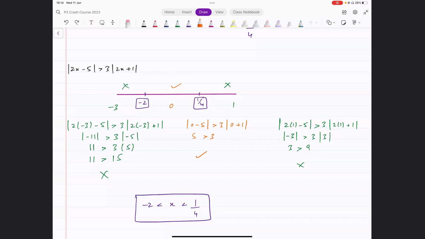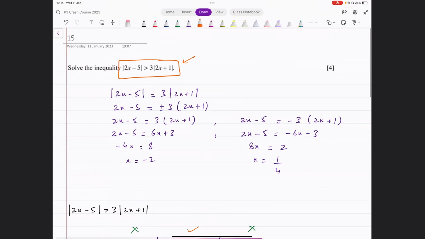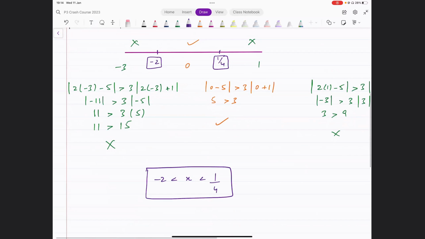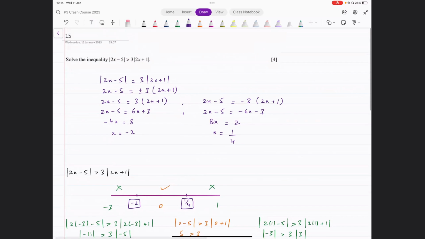However, there is a shortcut in these situations when you've got modulus sign on both sides. When you have something like this, when you have modulus sign on both sides, in these cases, you can actually reduce your working a little, and that's what I wanted to come to using this example. Let's quickly try to understand this.